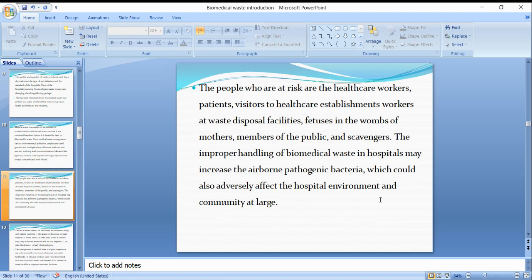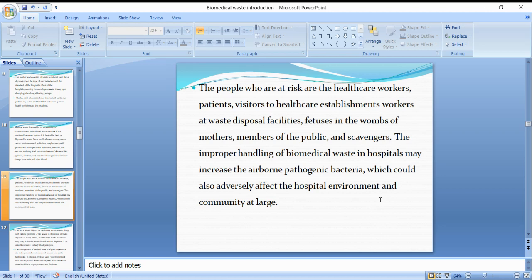Improper handling of biomedical waste in hospitals may increase the airborne pathogenic bacteria. If it is not handled in a proper way, it will release airborne pathogenic bacteria, which will adversely affect the hospital environment and the community at large.